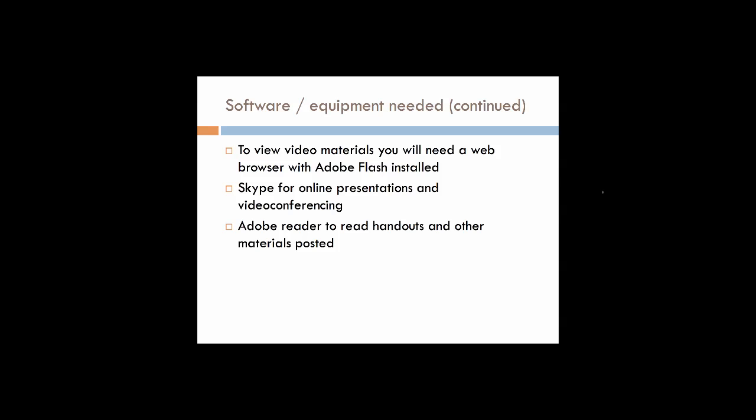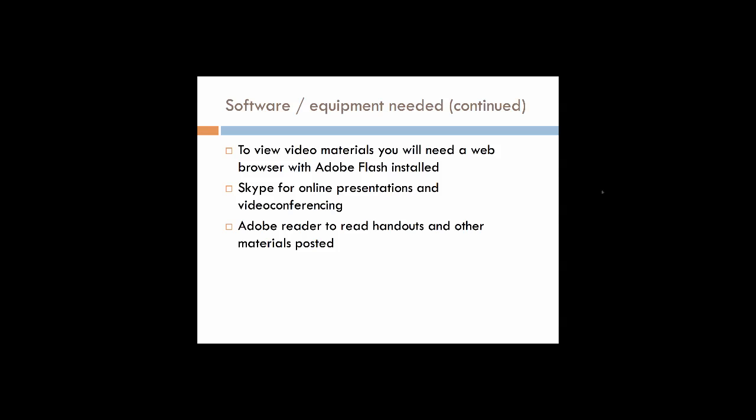Normally you will need Adobe Flash installed to view videos for this course, and you probably have it. If you are able to watch YouTube videos, then you probably have Adobe Flash installed on your computer. Skype will be used for online presentations. You will use Skype to present your projects and assignments, to communicate with me, and so on.